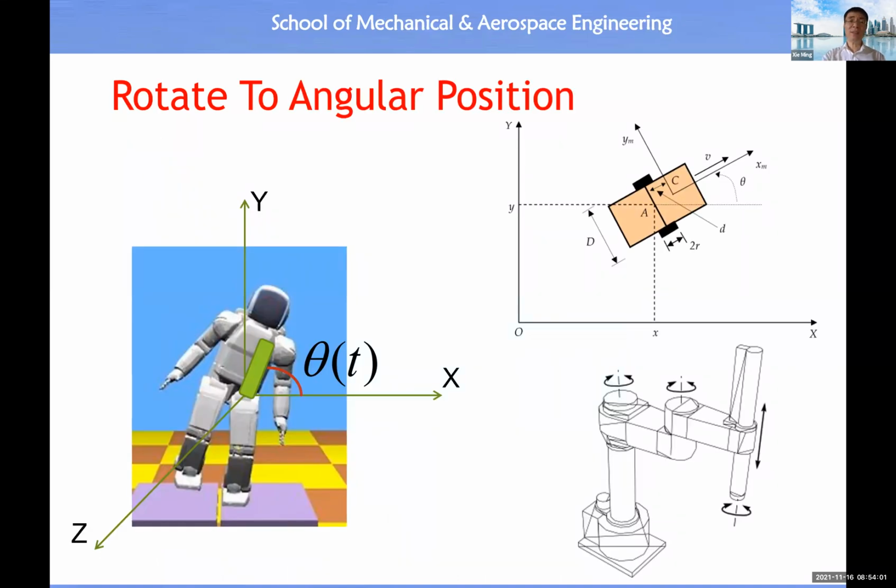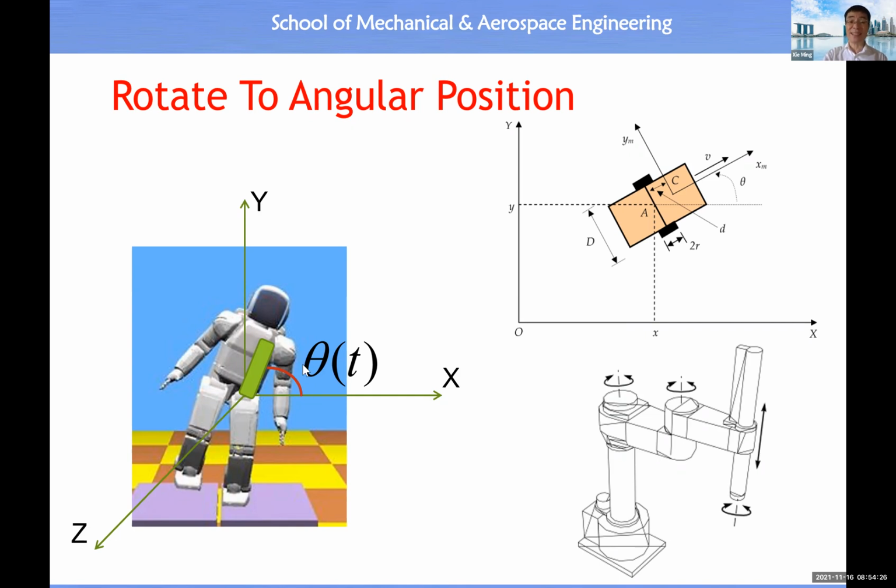For angular motion, we have a similar description. For example, this is a motion description for the change of position, so we can ask a robot to rotate to a specific angular position. Angular position is a rotated angle about an axis. In this case, the robot will rotate about the z-axis.